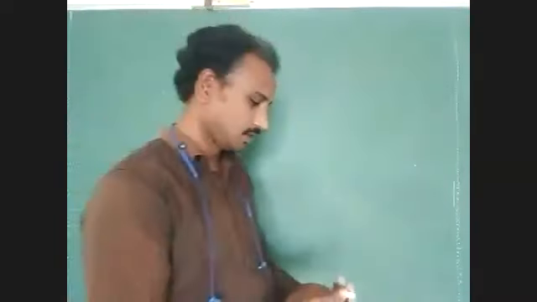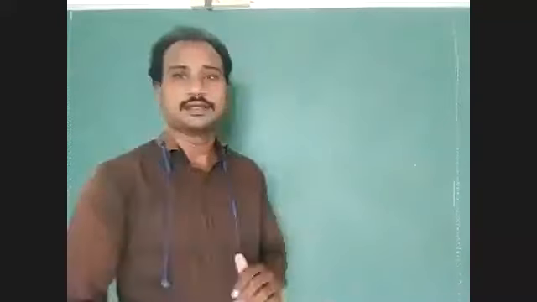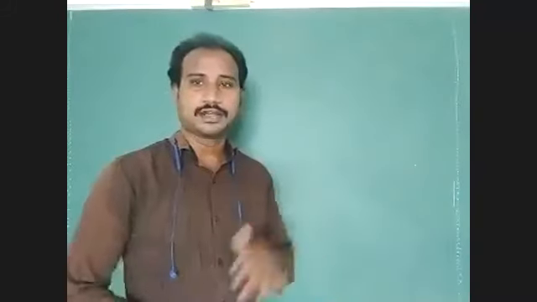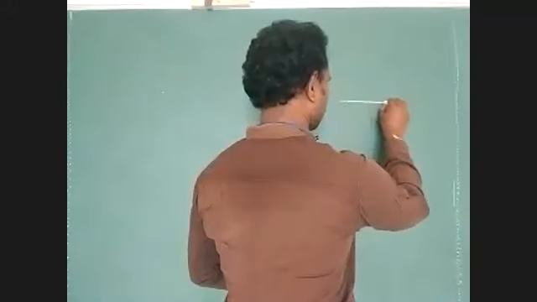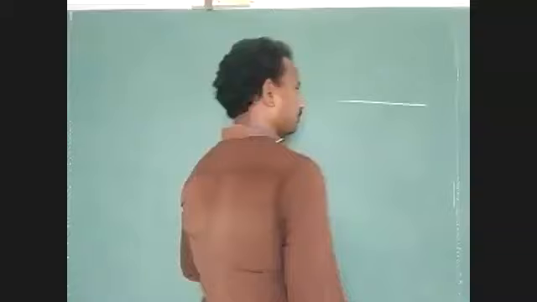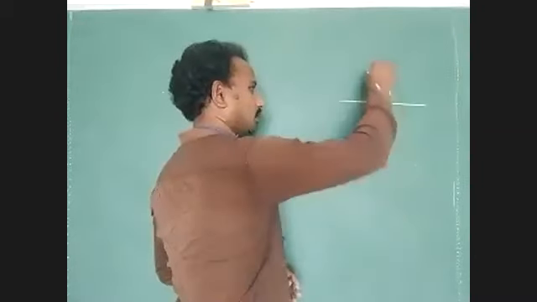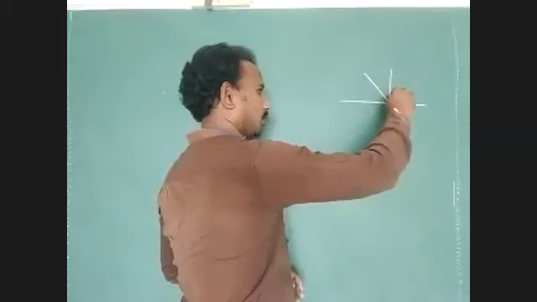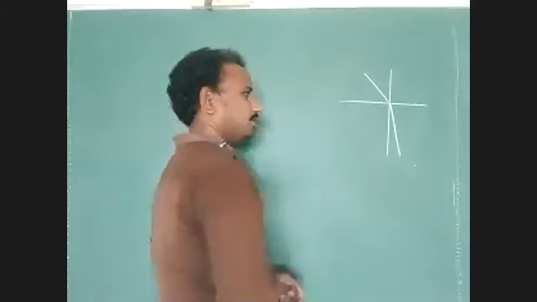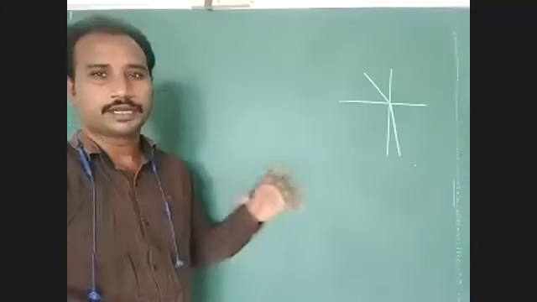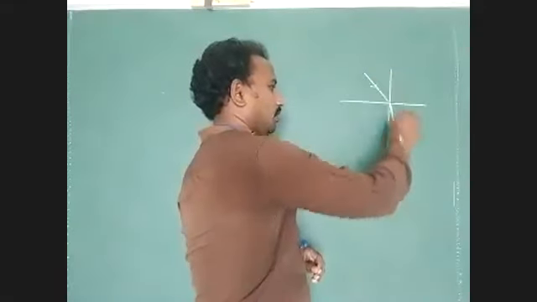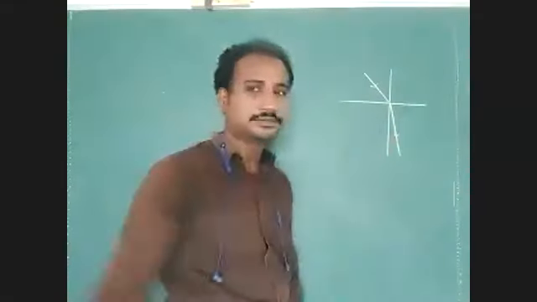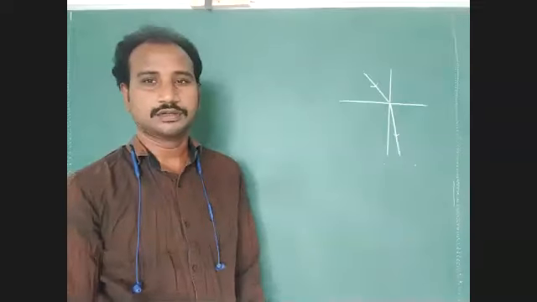First, we want to discuss the laws of refraction. First law of refraction: if a ray of light is traveling from a rarer optical medium to a denser optical medium, then the refracted ray bends towards the normal.